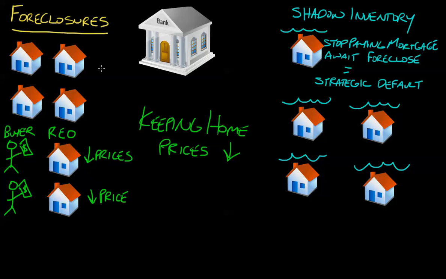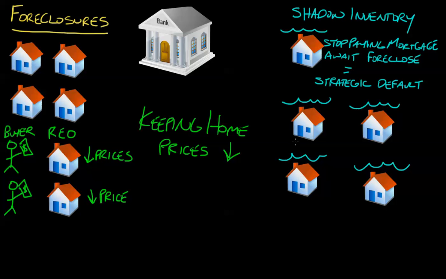That's the problem with shadow inventory, and it's a hard number for people to gauge, because we don't truly know how many people are underwater and one day might decide to stop making their payments and allow their homes to get foreclosed upon.